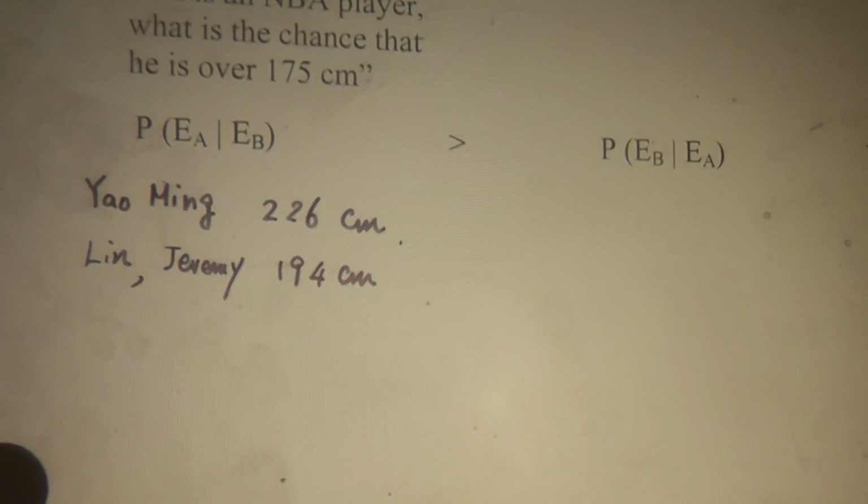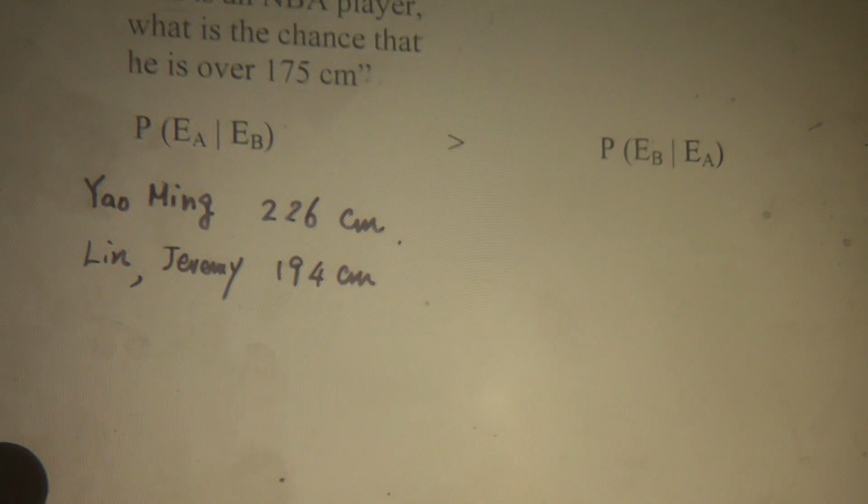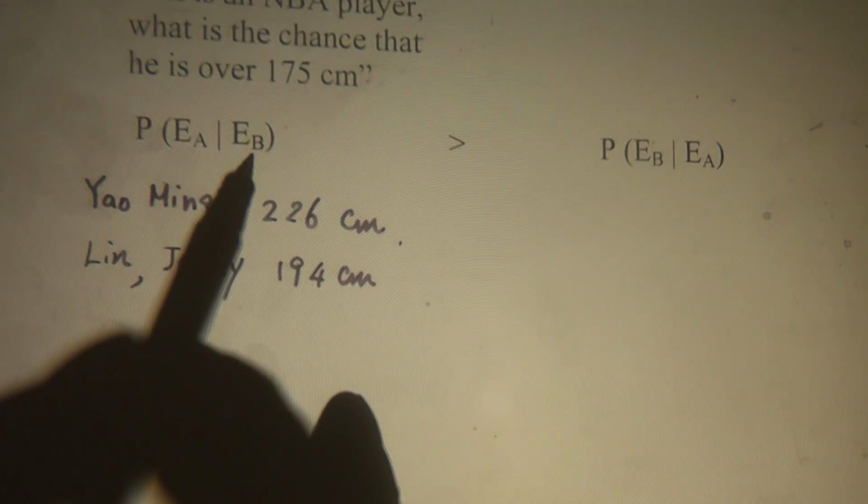If I'm wrong, let me know. So usually people tell you, NBA players, you know they must be very tall, not just tall. So if we select an NBA player, that tells us a lot about the selected person's height. So the chance that the selected person is over 175 becomes very good.